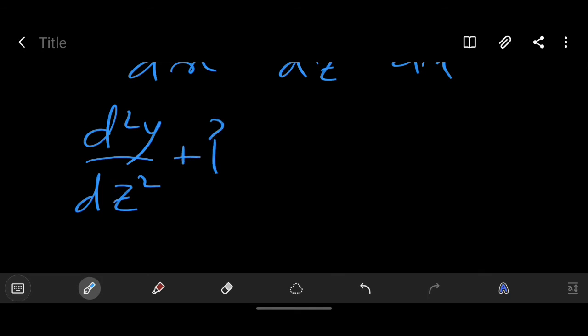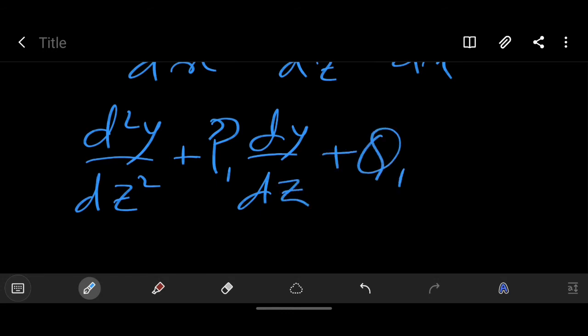We write p1 instead of p because in the process of changing x to z, that p may not remain the same. So our p, q, r may change during the process. That's why we write p1, q1, r1.